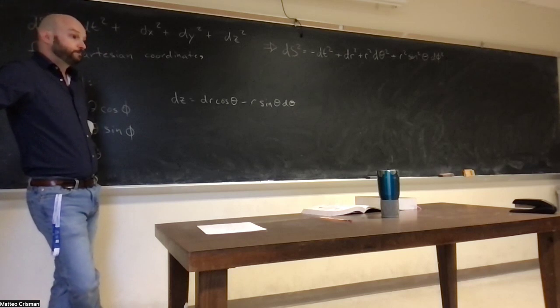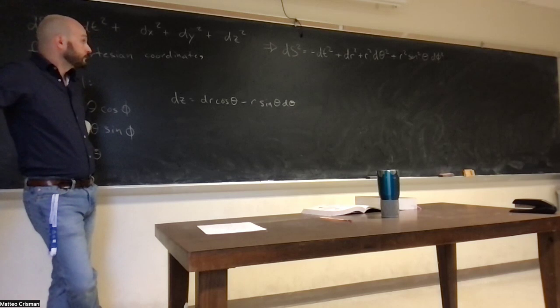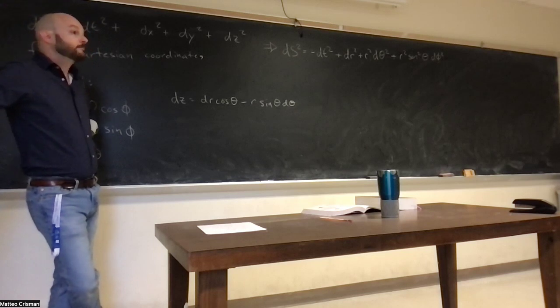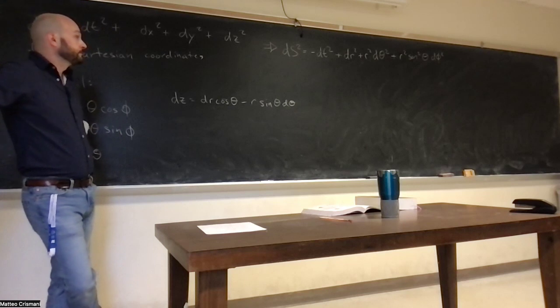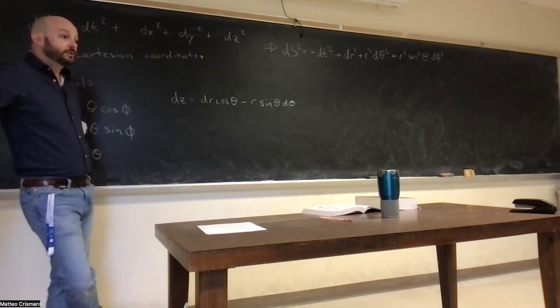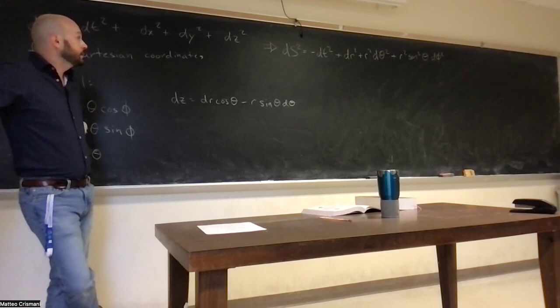I'm familiar with the r squared d theta and the r squared sine squared theta. Right. I remember that, more concerned with something. Good. So the time component stays unchanged. That's good. All of the spatial components are positive still. That's good.